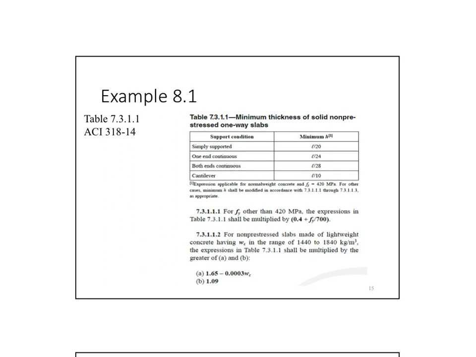To determine my slab thickness, I go to Chapter 7 in ACI for a one-way slab. It tells me that I have the simply supported, one end, both ends, and a cantilever. Which case is this here? I have two cases. This case is the cantilever case. That case here is one end continuous, because it has continuity from one side.